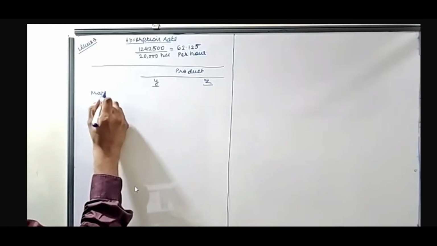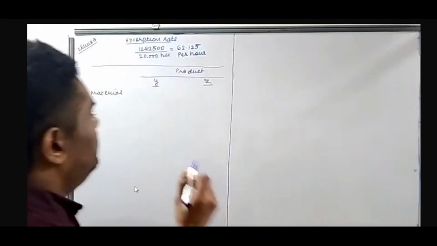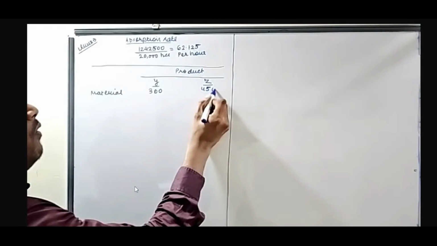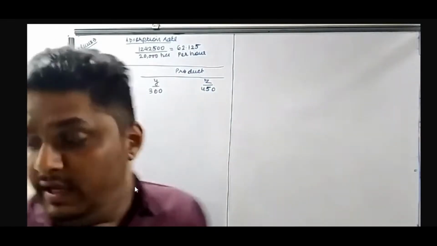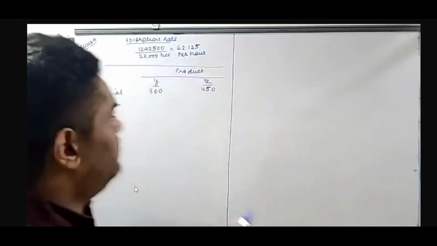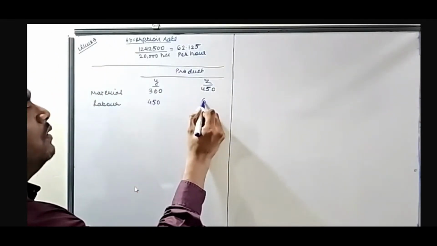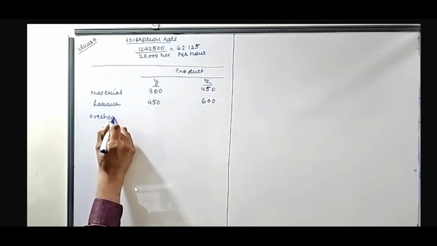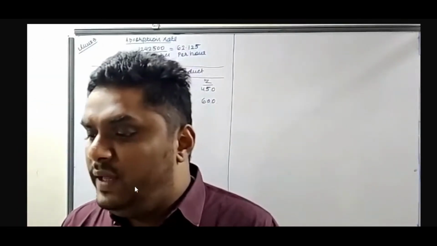When talking about material cost, it is given straight away, that is 300 and 450. When talking about labor cost, again it is given, 450 and 600. And when talking about overheads, the overheads are absorbed on the basis of labor hours.